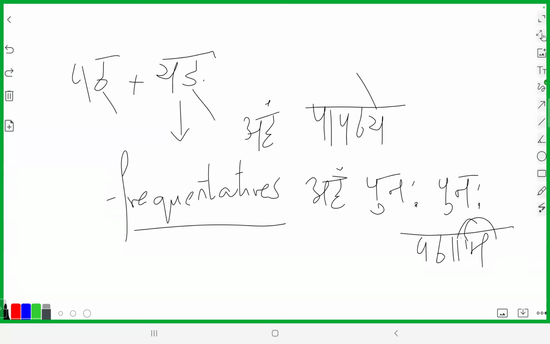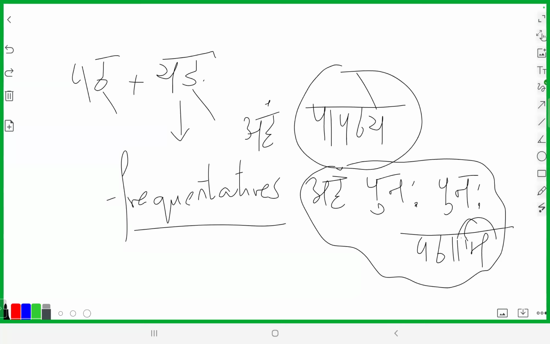This is a very English kind of sentence. Aham punah pathami. In Sanskrit, a new dhatu form is available to you: papatye, aham papatye, sah papatyate. Third, frequentatives.